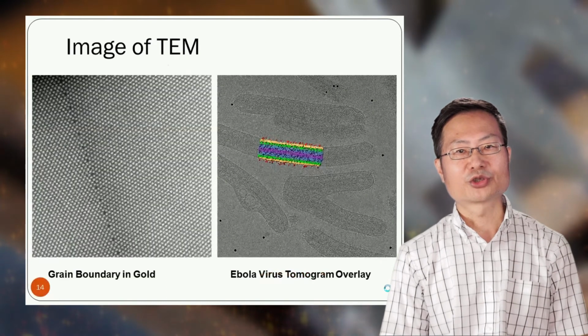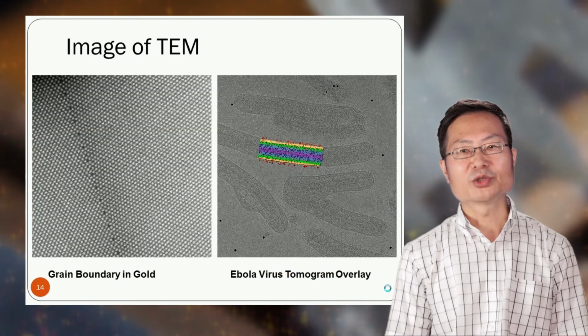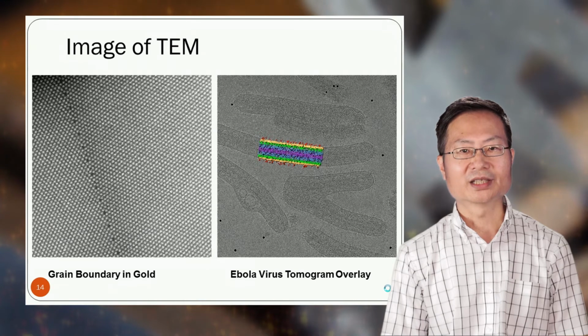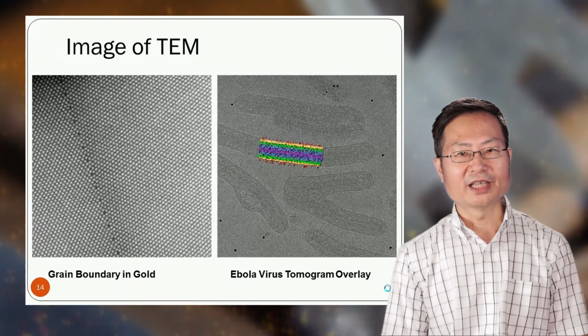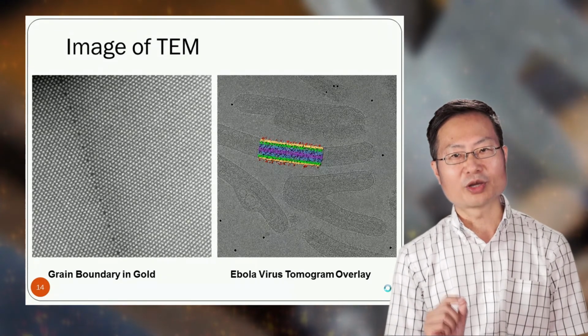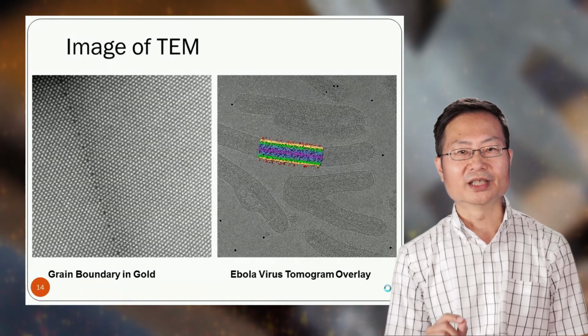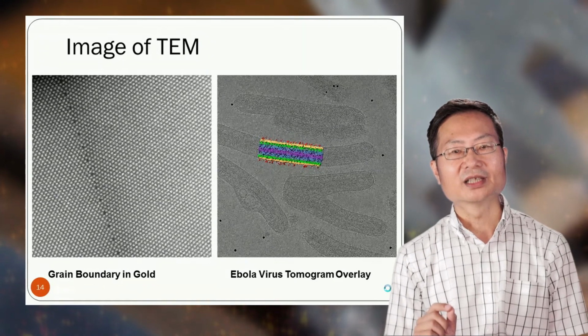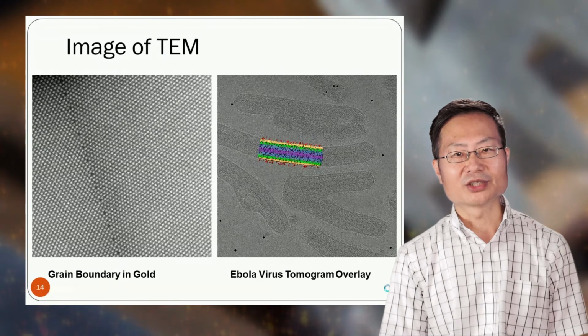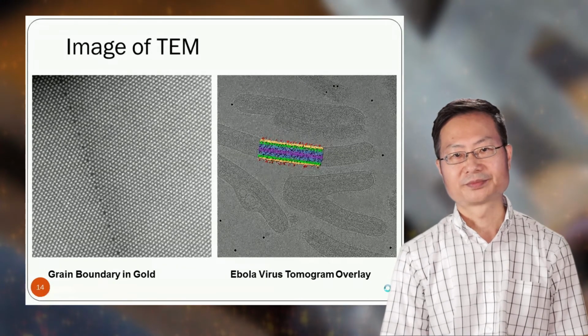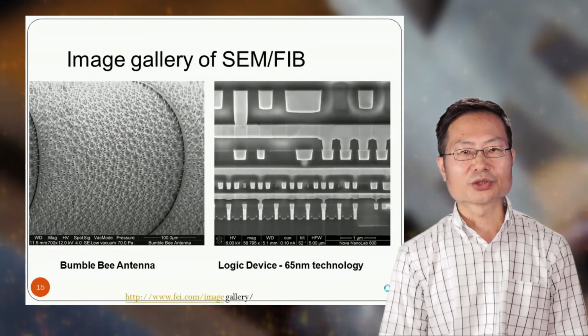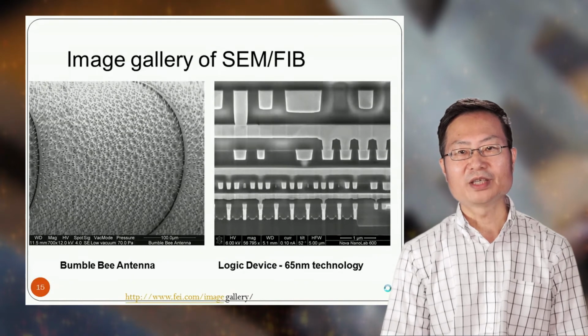Here I would like to show you some typical images of the microscopy. Here is an image of the TEM. You can see a grain boundary of the gold, and the gold atoms can be seen clearly. The right side shows the Ebola virus. Here shows the SEM or FIB image.